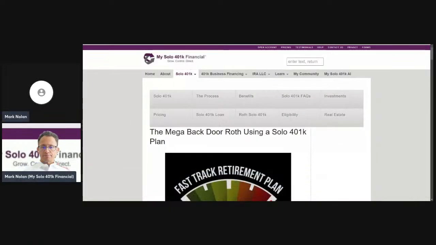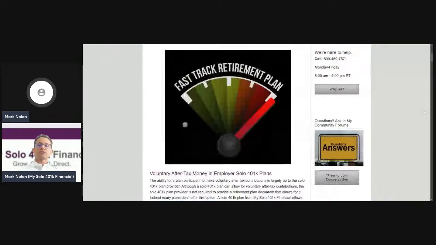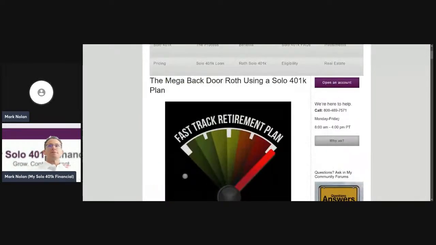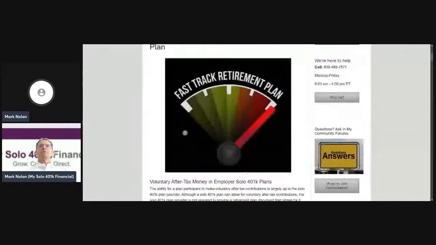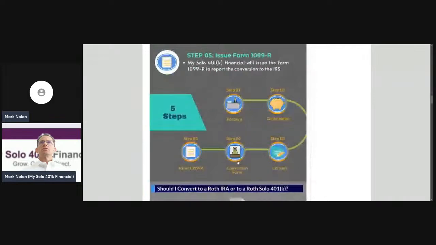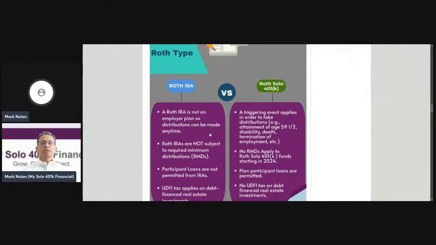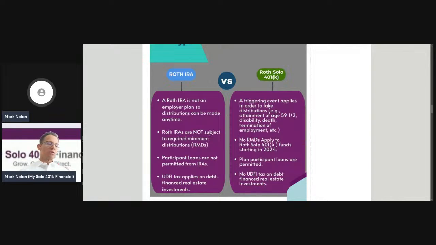Okay, so let's take a look at this page here. This is our voluntary after-tax solo 401k page on our website. So I'm going to scroll down. So here's a good chart to look at. Should I convert to a Roth IRA or a Roth solo 401k? So here's converting to a Roth IRA versus a Roth solo 401k plan. Most clients, again, like to convert to the Roth solo 401k plan because they like to keep the Roth funds within the plan.